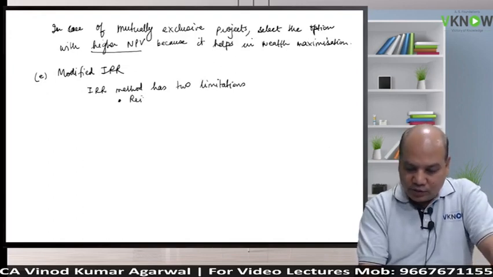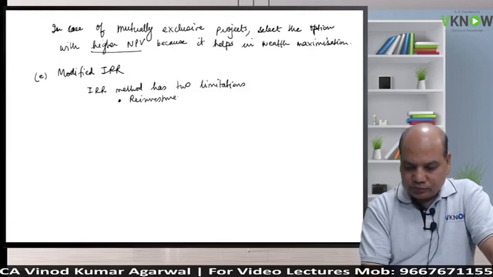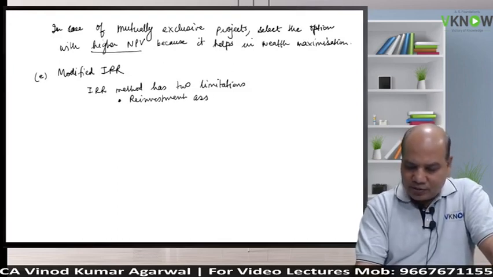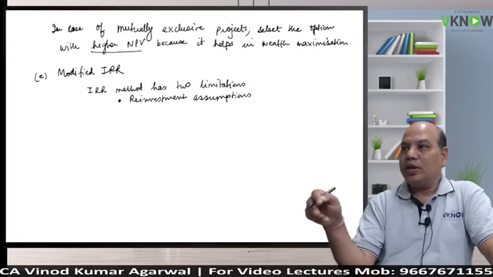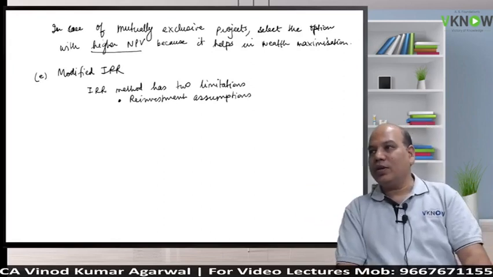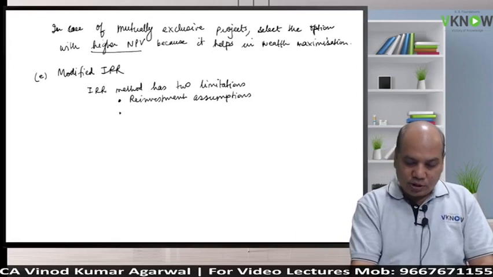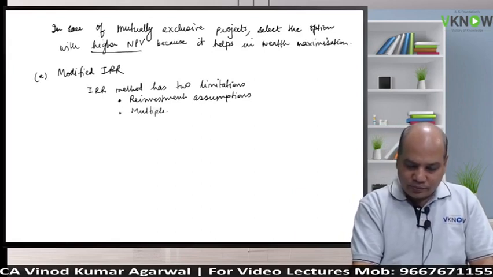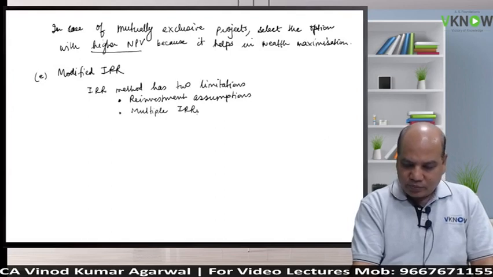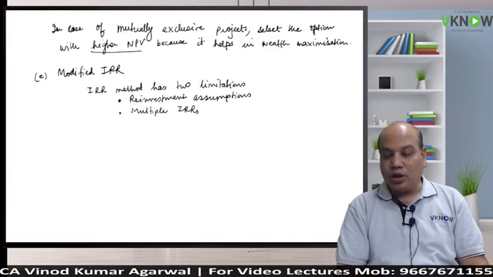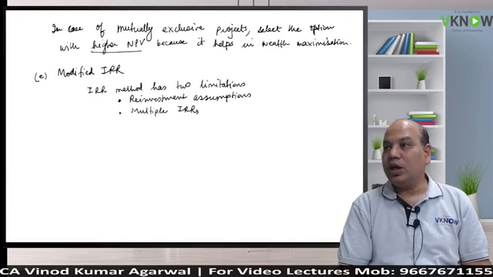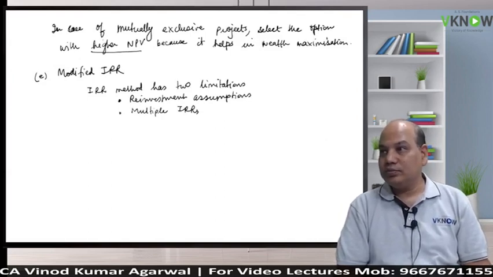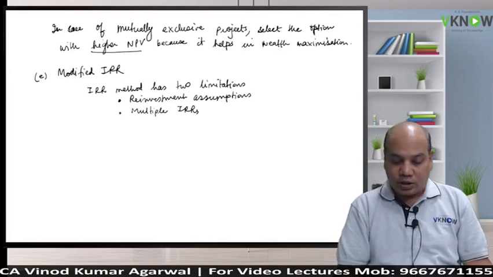One is the reinvestment assumption. That means the IRR method assumes that cash flows are reinvested at the same IRR. And the second problem is multiple IRRs. In some situations you can have multiple IRRs, especially when there are many outflows in the project. You can get more than one IRR.